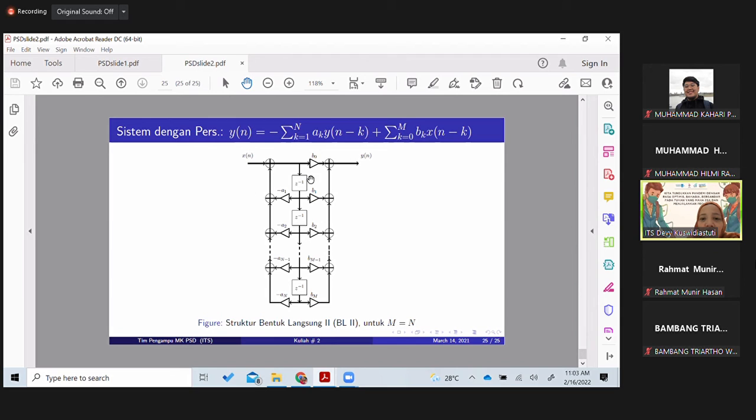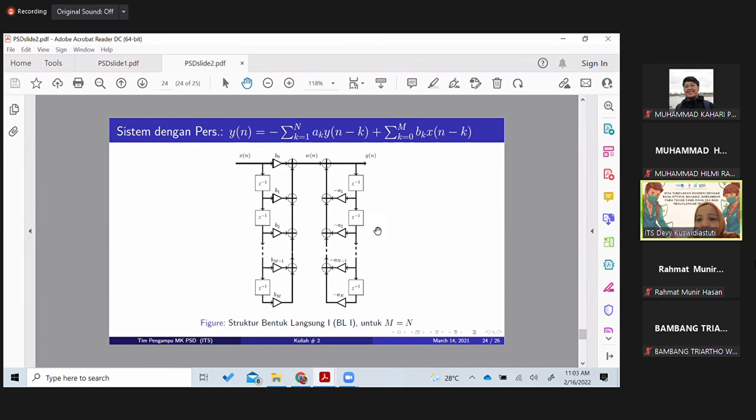You could get this by changing the order of the system. So, the same as the previous example, you could assume that these are two different subsystems.